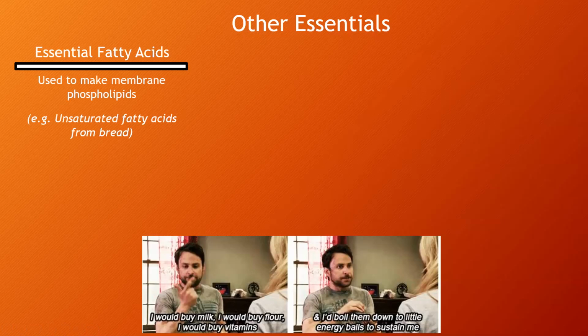And so that's what we get from unsaturated fats. So for example, when we eat bread, we get those lipids, and our body breaks down those lipids so that we can absorb them. And so I'm only going to go a little bit into each of these essentials and what we need them for. And I'm going to talk more about how we actually break them down and that process.